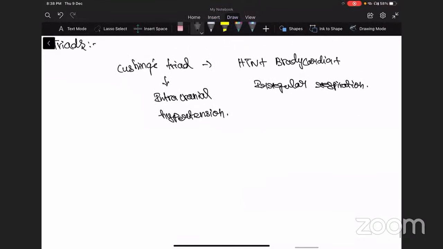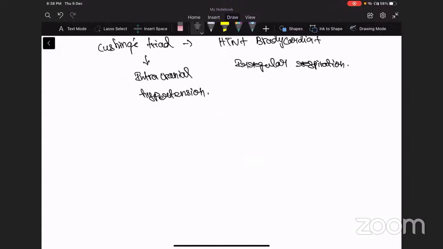This is the cause for Cushing triad. There's going to be hypertension, bradycardia, and irregular respiration.